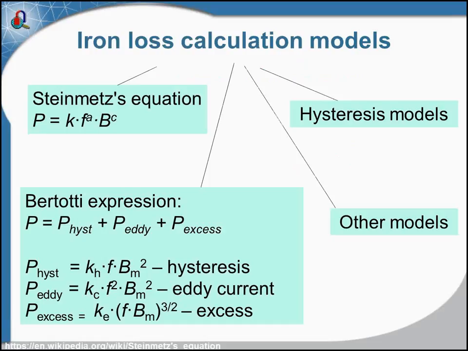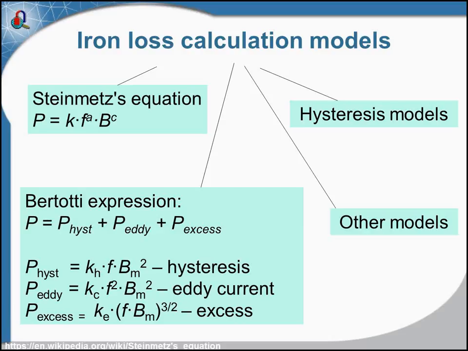Physics of the magnetic core losses in alternating or transient magnetic fields is very complicated, and there are various models offered to describe these processes. For practical engineering, there are two popular approaches: Steinmetz model and more contemporary Bertotti expression.